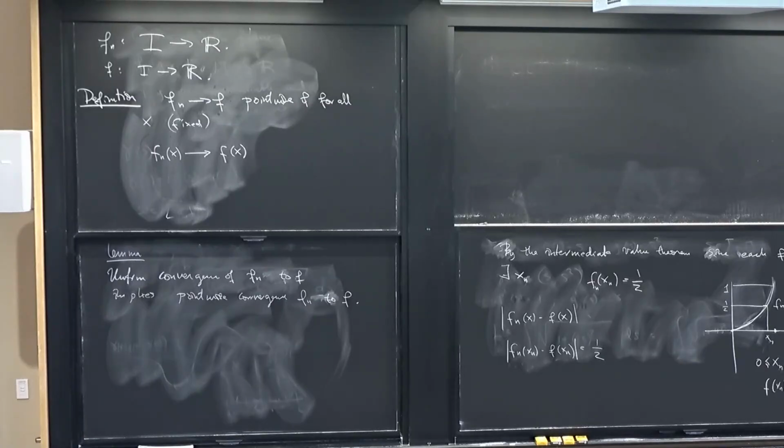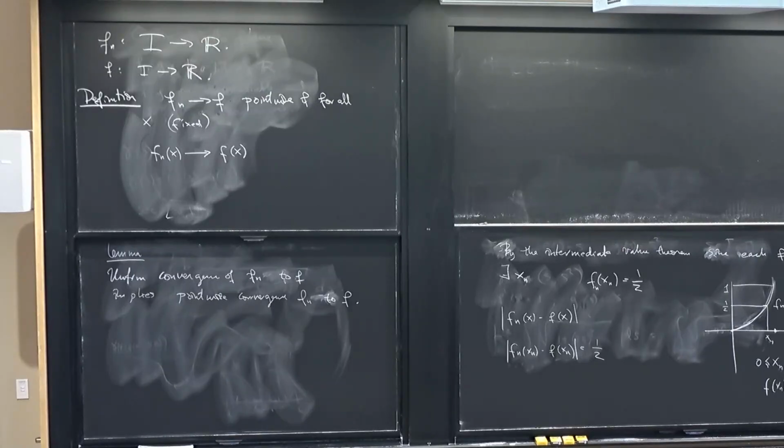But then I would have that there exists capital N, so that, I mean I can even take it to be equal to a half. So there exists capital N such that if little n is bigger than capital N, then this thing here minus f of x would have to be strictly less than a half for all x.